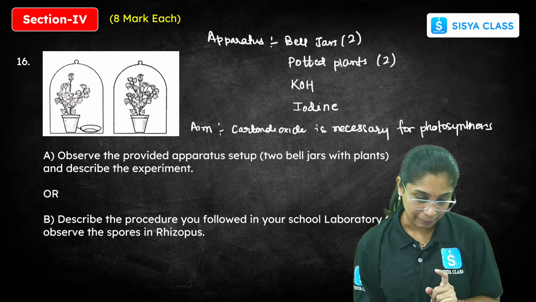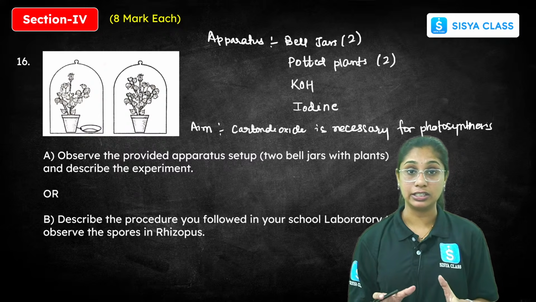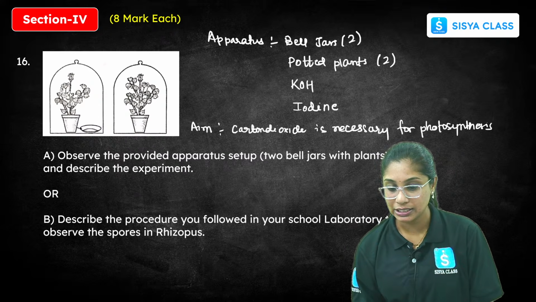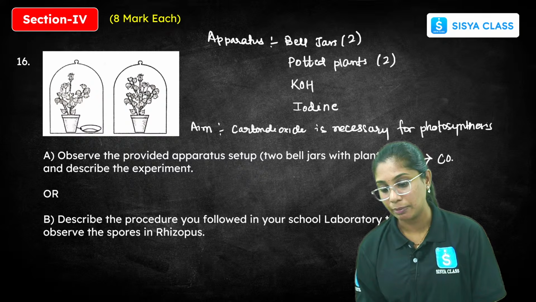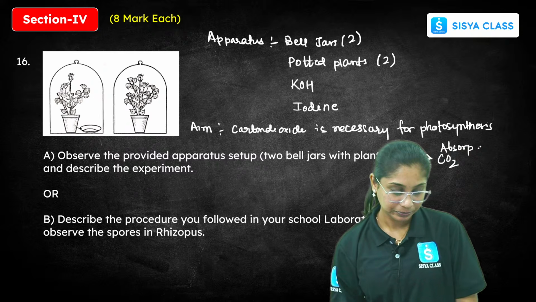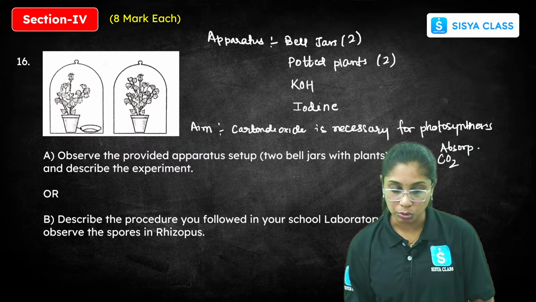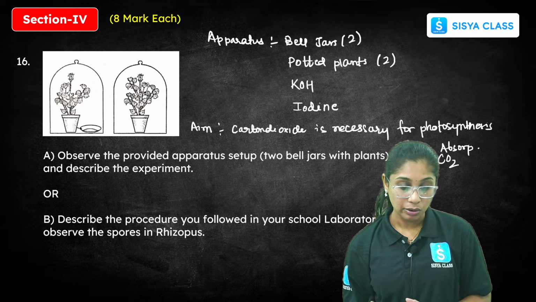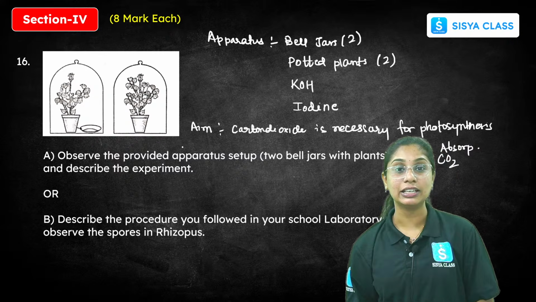In setup A, we have KOH. Now what can this KOH do? It can absorb carbon dioxide. Yes or no? Okay, now I'll place these 2 plants in airtight jars, and then I will expose them to the sunlight.